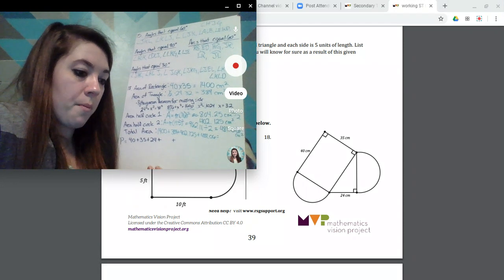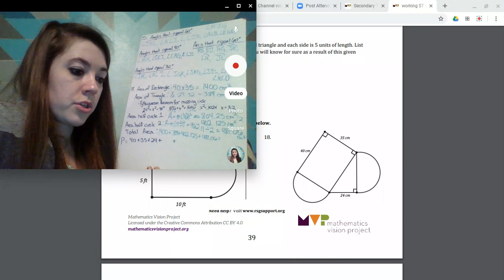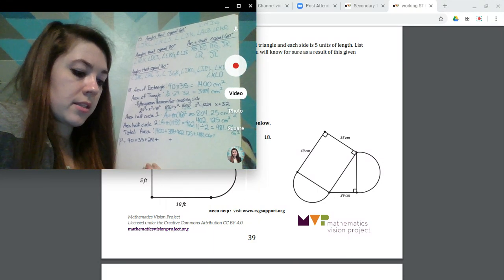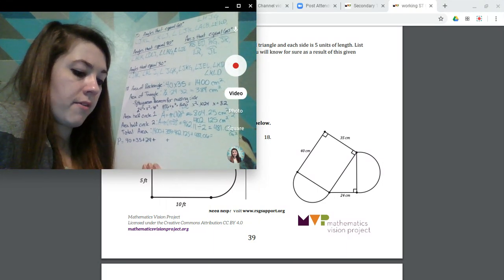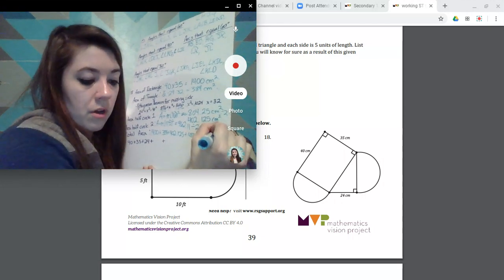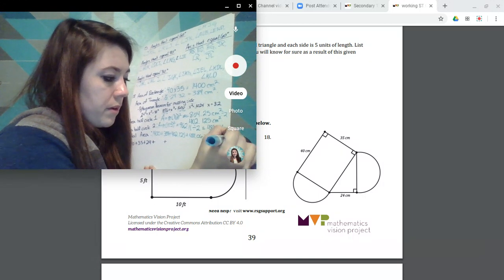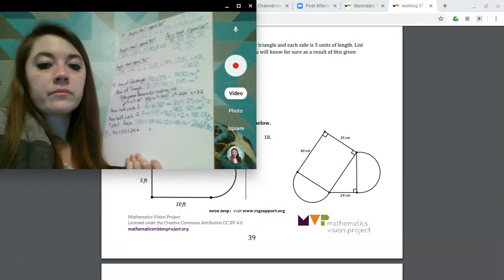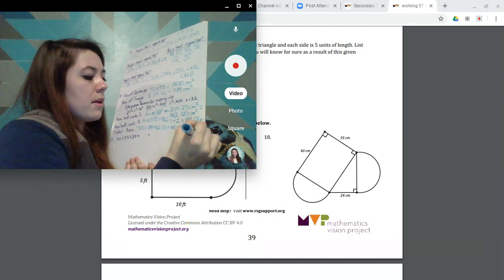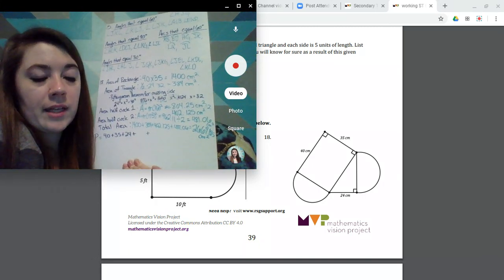And we should end up with 2,667.185 centimeters squared. So there is our area.